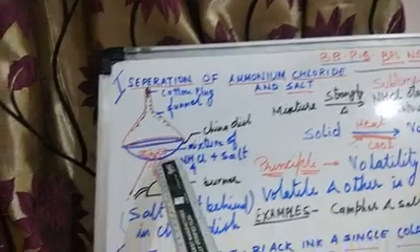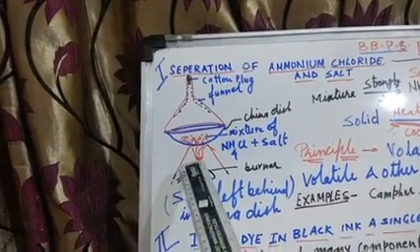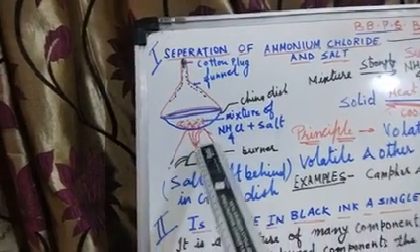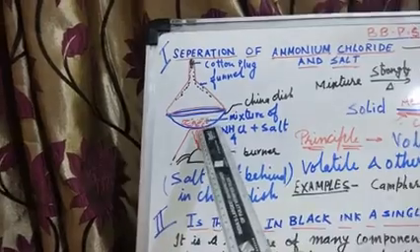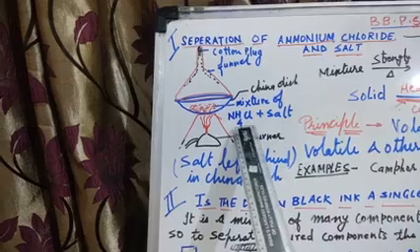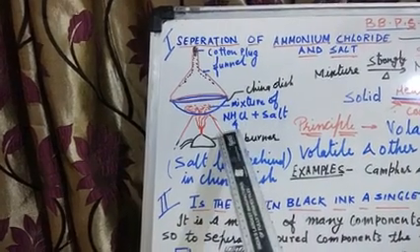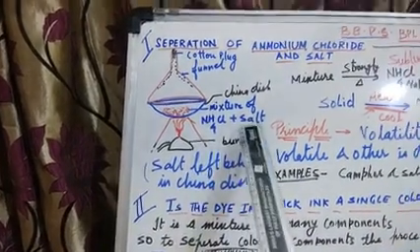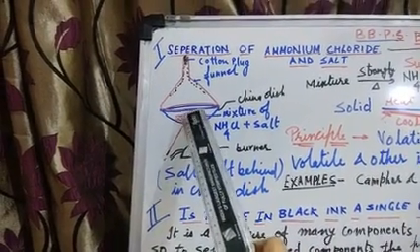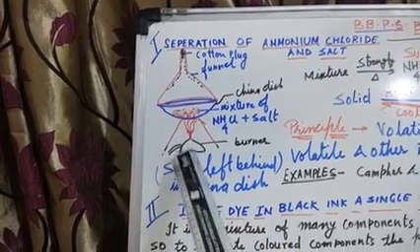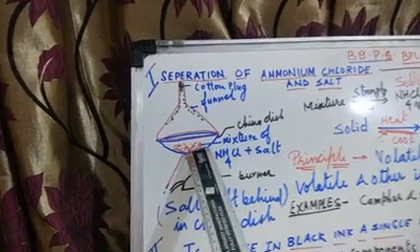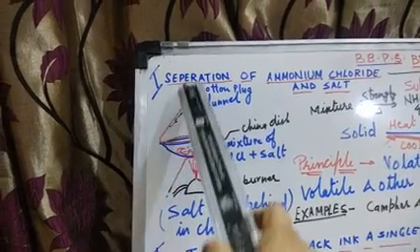Firstly, I am taking one diagram here showing how to separate this ammonium chloride and salt. So firstly, a china dish is taken. In the china dish, a mixture of ammonium chloride, NH4Cl, and salt is taken, and that china dish is heated over a burner, and this china dish is covered by an inverted funnel.